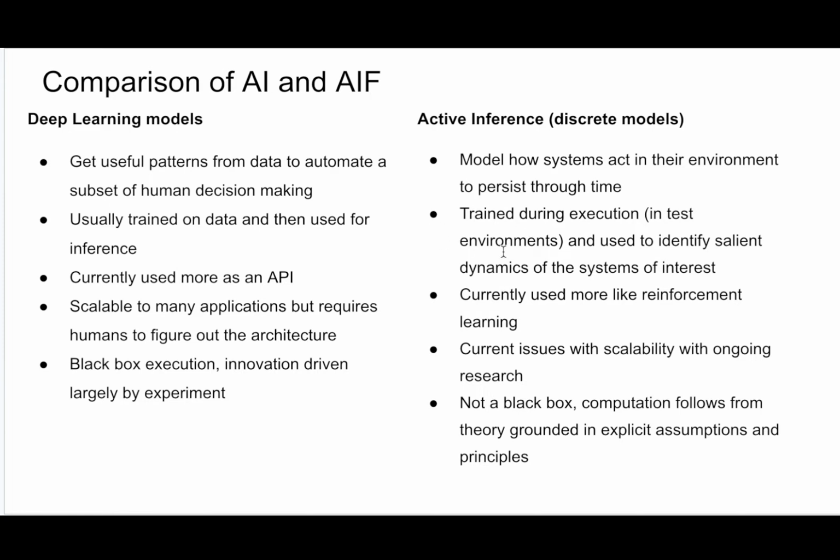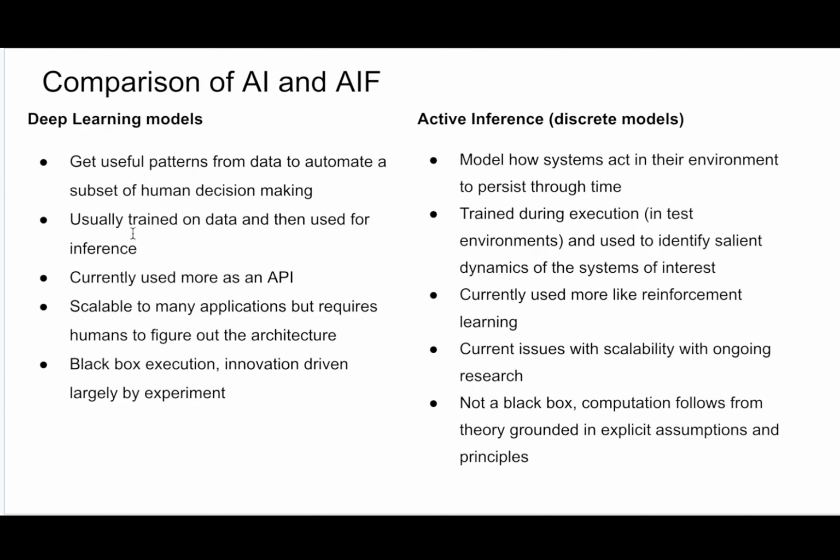This is usually done in test environments, and this again appeals to the problem of scalability. They have previously been used to identify salient dynamics of the systems of interest. This can be in cognitive science, where you want to identify the particular cognitive states that an agent reaches in their environment, or anything else.